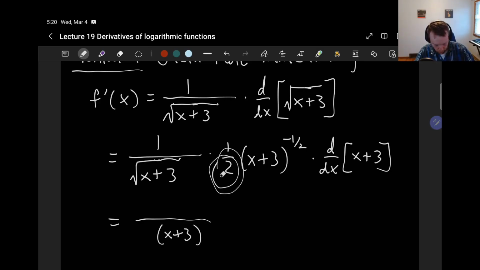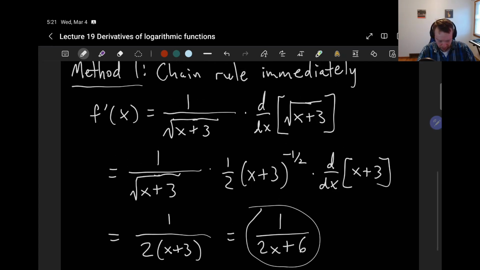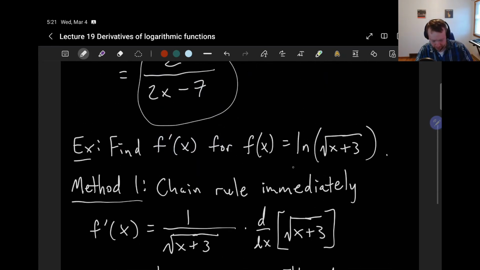And I'll throw in the 2 as well in the denominator. And the derivative of x plus 3 is just 1. And now I can distribute the 2. So there's the derivative. It's surprisingly nice compared to how nasty the original function is.